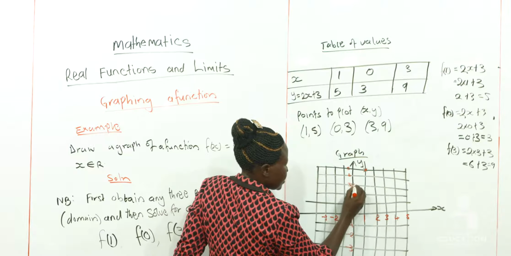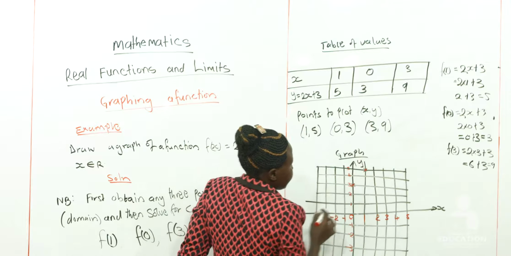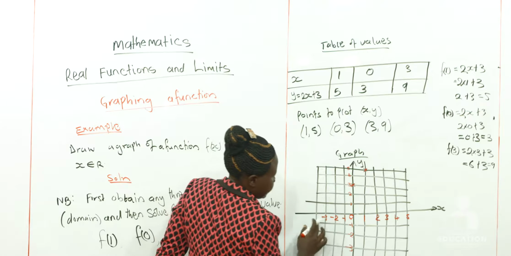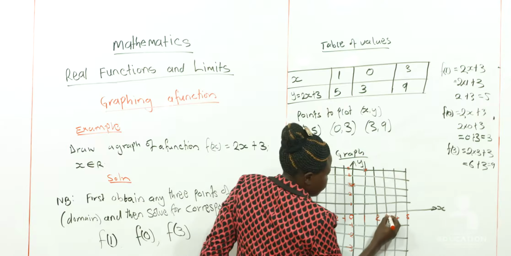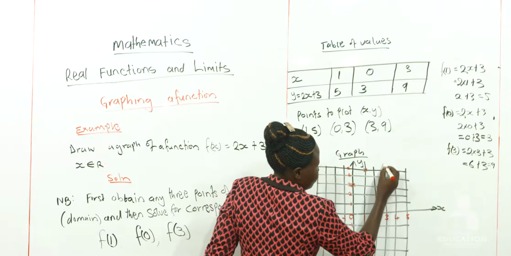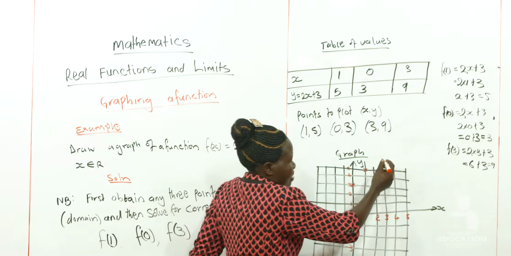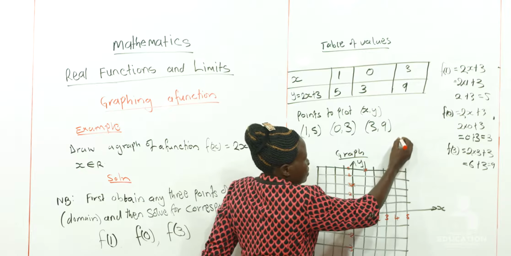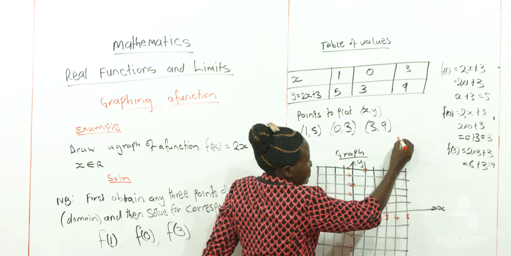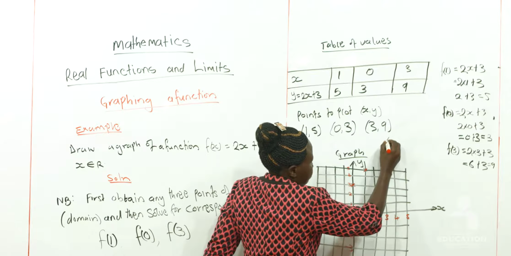And then we have the 3 on the x-axis, which is this, and then the 9 on the y-axis. Our whiteboard is somehow small, so we assume that the 9 is lying somewhere here.